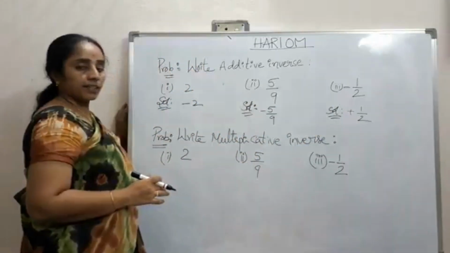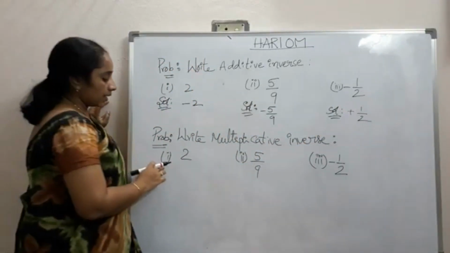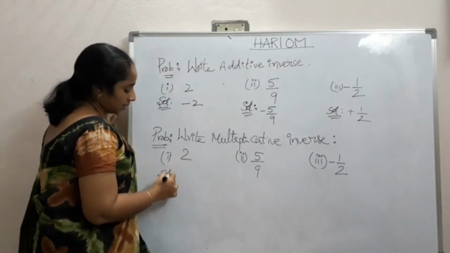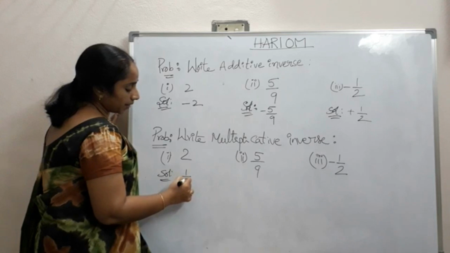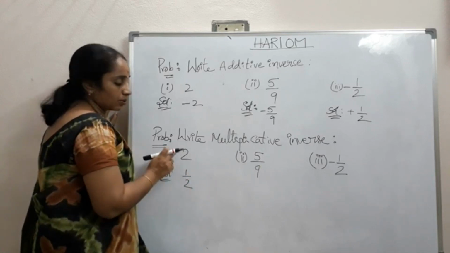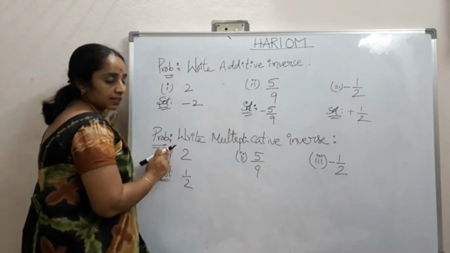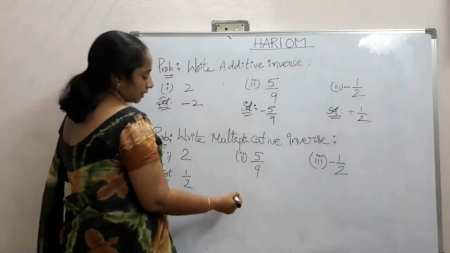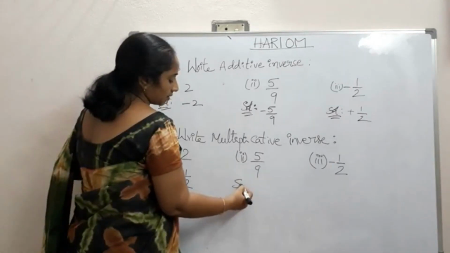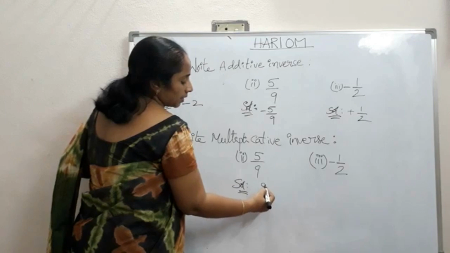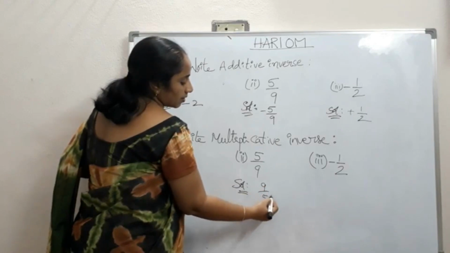Coming to the multiplicative inverse. Here 2, its multiplicative inverse is 1 by 2. No change in its sign. Just its multiplicative inverse I have taken. And coming to the next one, 5 by 9, its multiplicative inverse is 9 by 5. Why?